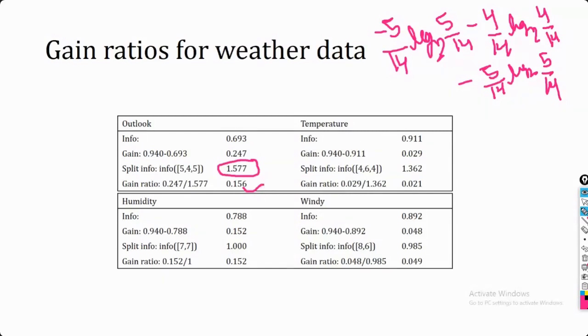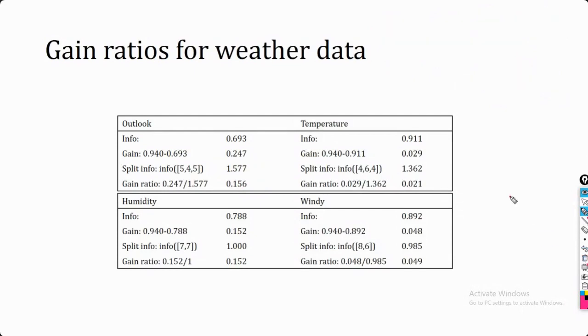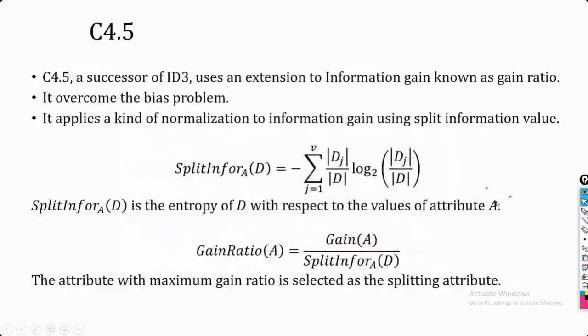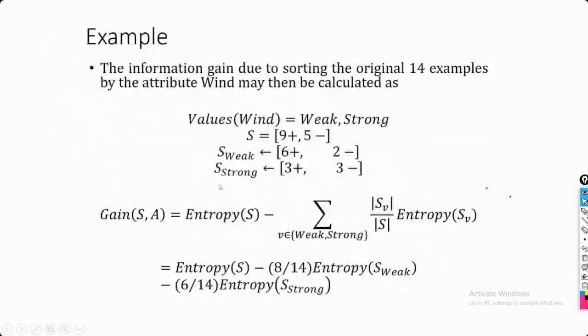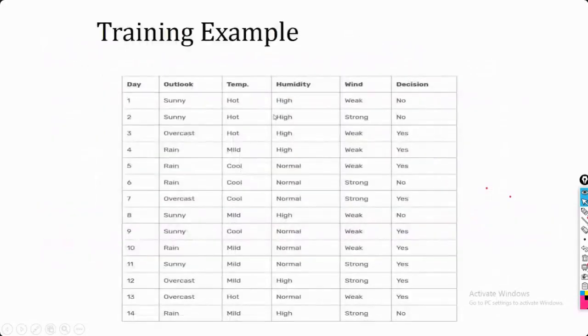Suppose we take the example of your temperature. For temperature also we have three values: hot, mild, and cool.